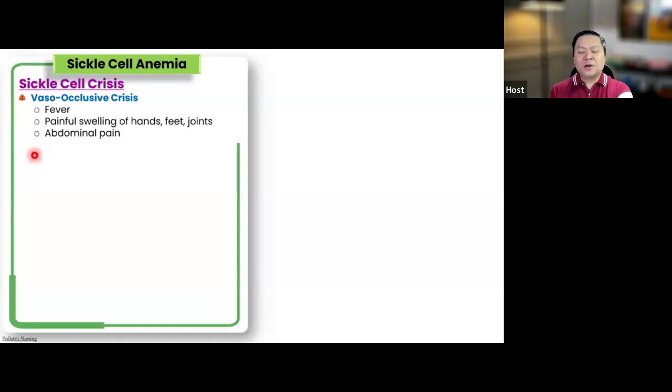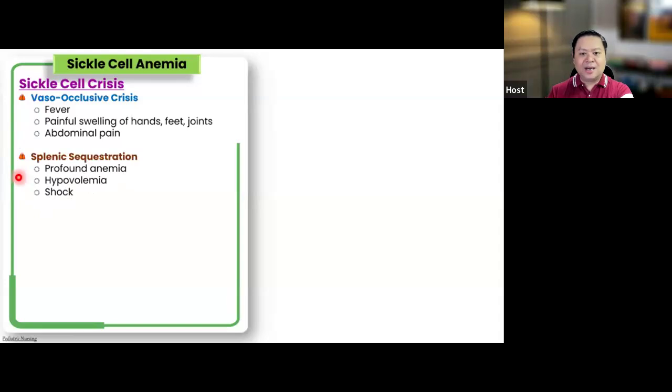Now, the other manifestation in a sickle cell crisis will be the splenic sequestration. This is going to be caused by the pooling and clumping of the blood in the spleen. Like I've said again, the microcirculation of the body organs. And so this is going to be manifested by profoundly low red blood cells, low hemoglobin, low hematocrit.